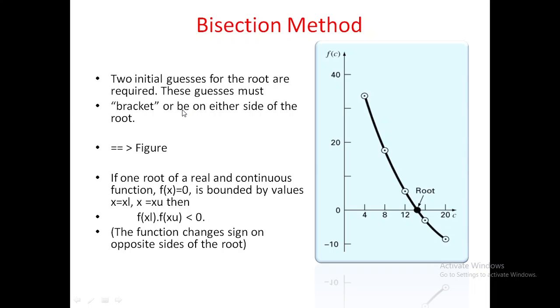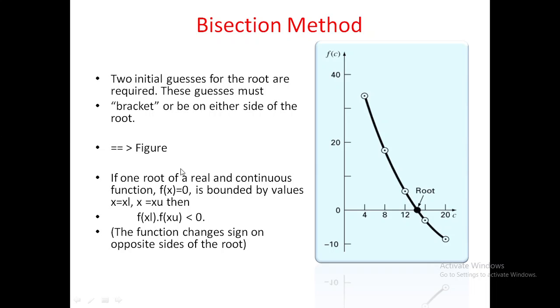What is meant by the bisection method? When two initial guesses for the root are required, the guesses must bracket the root, or be on either side of the root, as shown in the figure. This means we assume two initial guesses in such a way that the root lies between them.